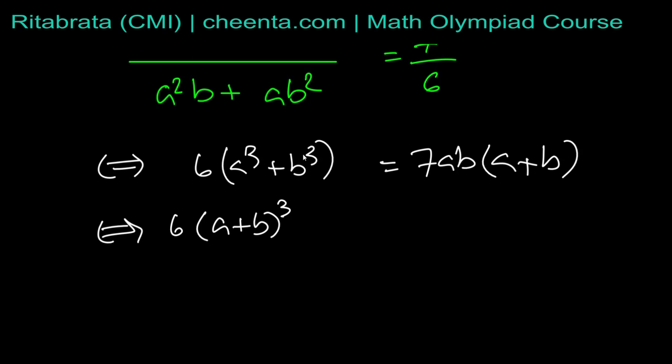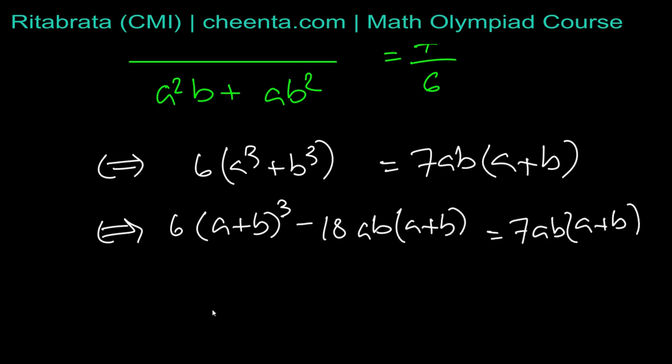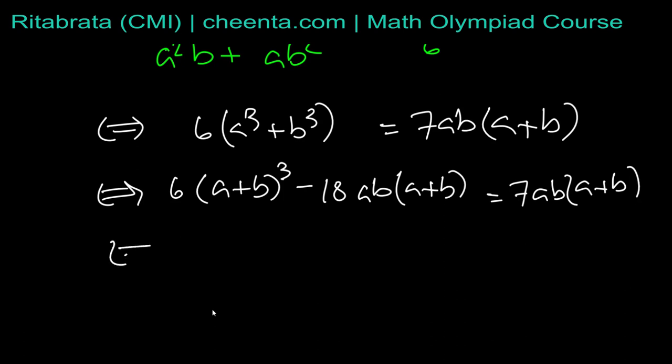So this is 6 into a plus b whole cube minus 18ab into a plus b equal to 7ab times a plus b, which gives 6 into a plus b whole cube equal to 25ab into a plus b.